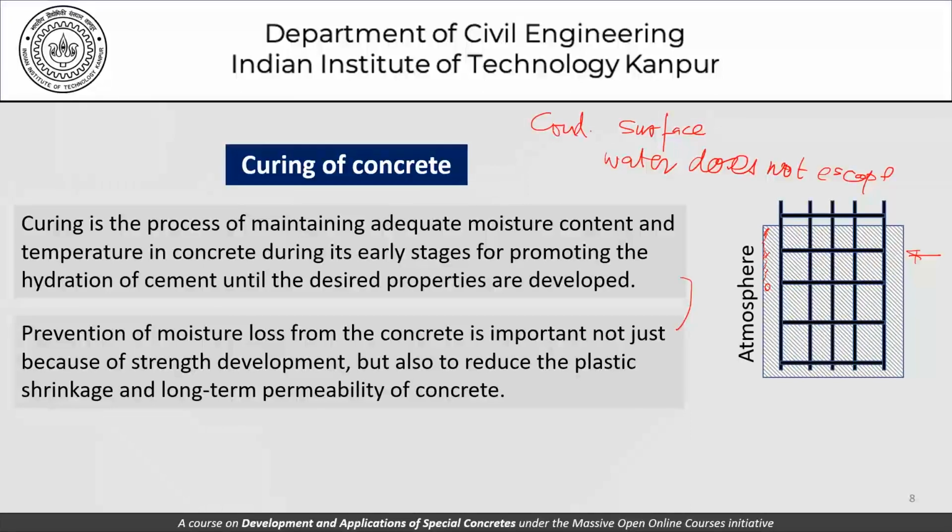If water is allowed to escape from the surface, that is an undesirable thing. That is what we don't want to happen, and we try to create conditions around the surface.